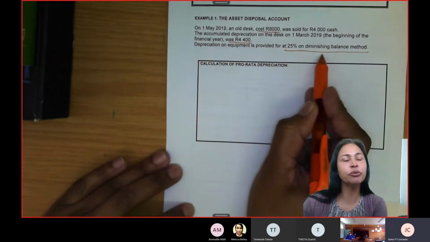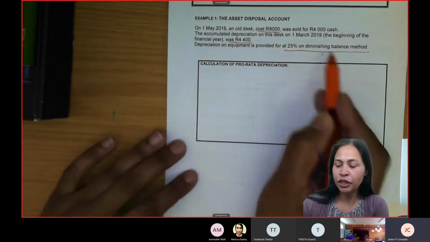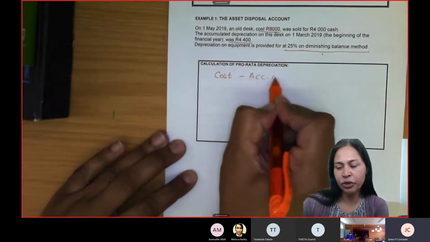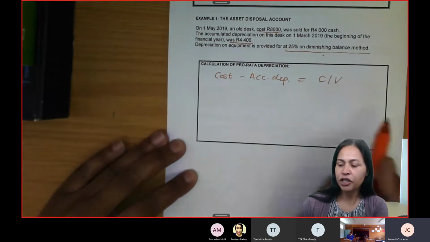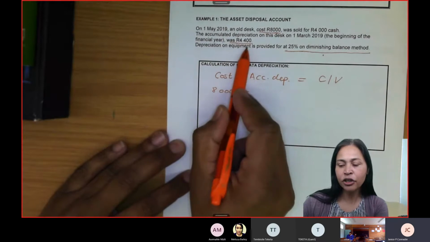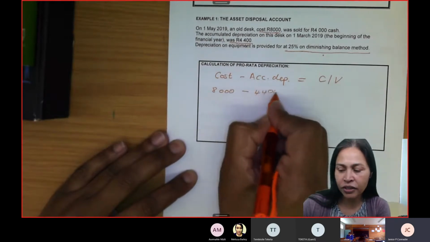What is important is that you know that diminishing balance means that you must find your carrying value. So we'll take our cost minus accumulated depreciation in order to get our carrying value. So the cost of 8,000 minus that accumulated depreciation that was given there of 4,400.